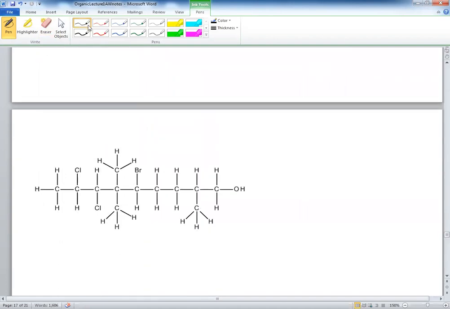Now let's look at a more involved one. Let's begin. C and 3 H's, CH3. Took care of that one. Next, we have a C. You always draw the C and then the H. Here's this H. And then there's a Cl. I have to include the Cl.